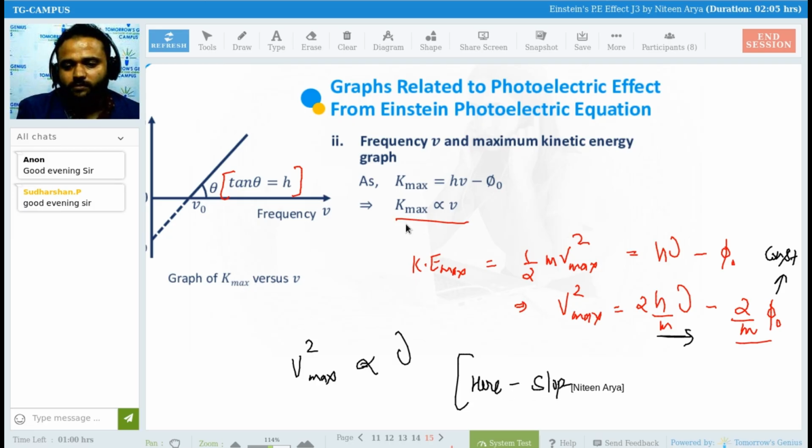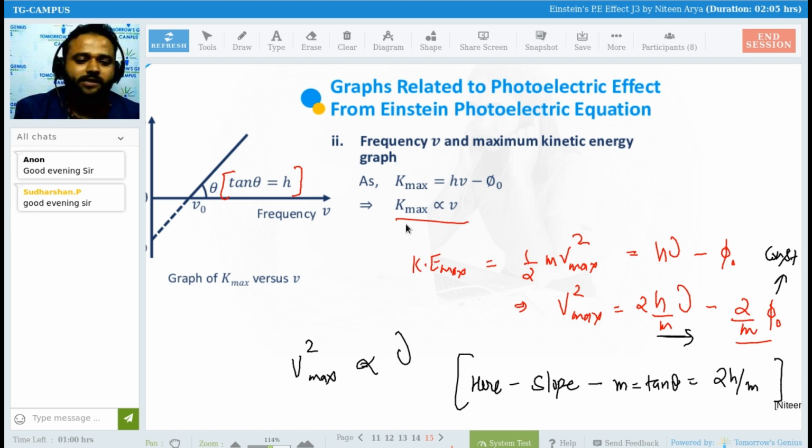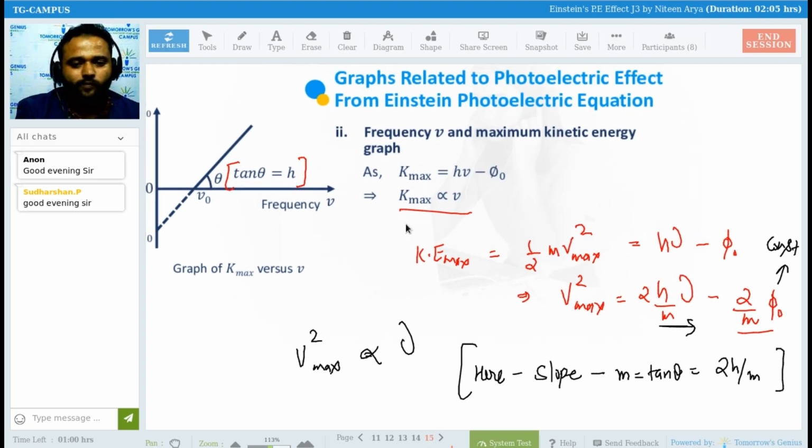Here the slope is going to be m equals tan theta, equals 2h over m. Like in the previous case, we had a slope h over e.